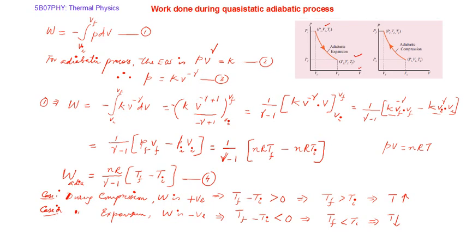Now let me add one more thing here. Hope you remember I told you work done in thermodynamics is in general a path dependent function, or it is taken as an inexact differential.